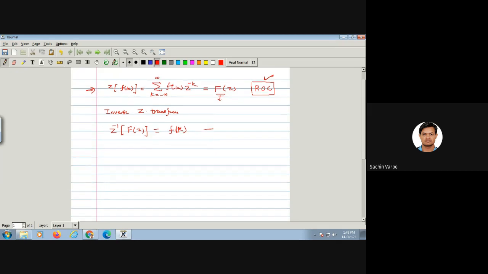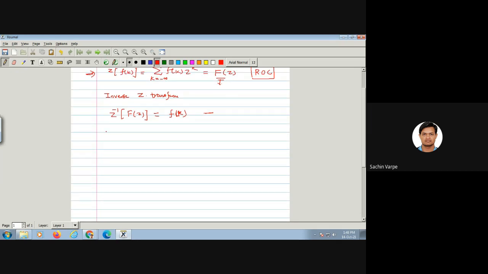Just like we have seen the formulas for a raised to k, what is the z transform of a raised to k for k positive? Z by z minus a, for k greater than or equal to 0. Similarly, for k negative, its z transform is z upon a minus z.